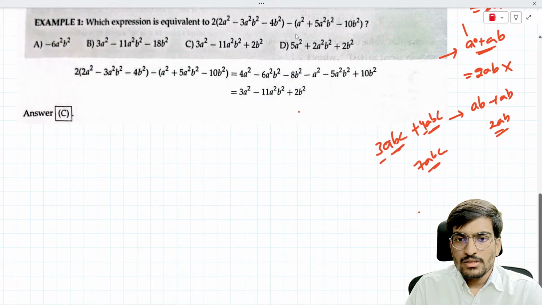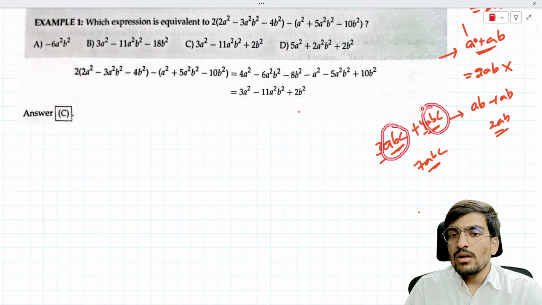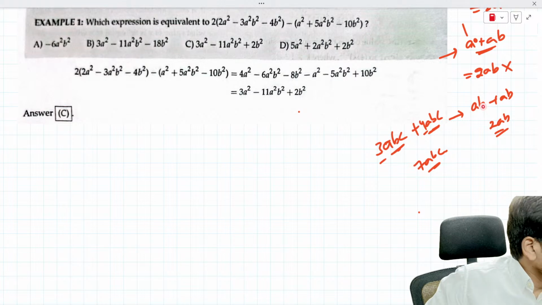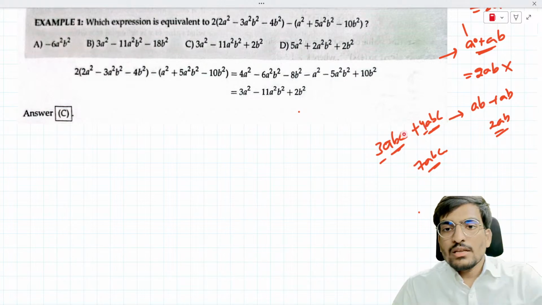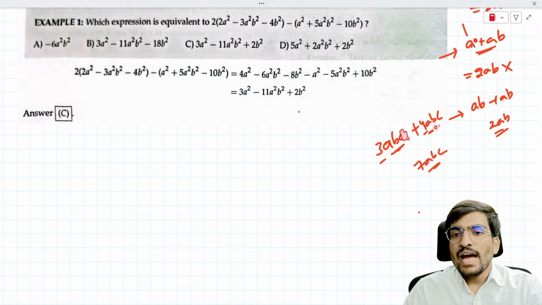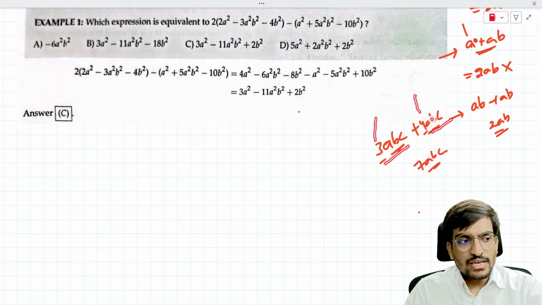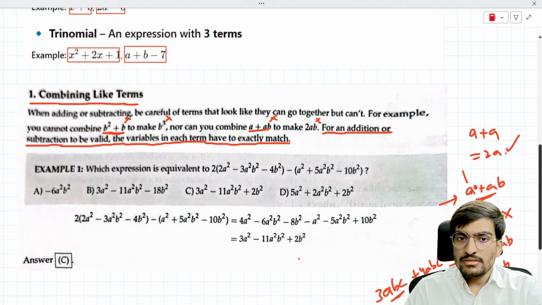So you can see here clearly, if you want to add, you have to add completely abc, the whole term must be the same. These abc are the variables which are completely the same. They can't be different. Even if c is not there, you can't add it. There must be abc. If constants are different, that's fine, but definitely the variables must be the same. Those are called only like terms.